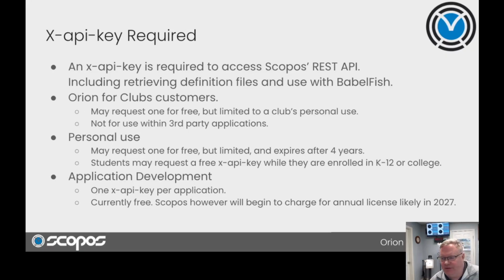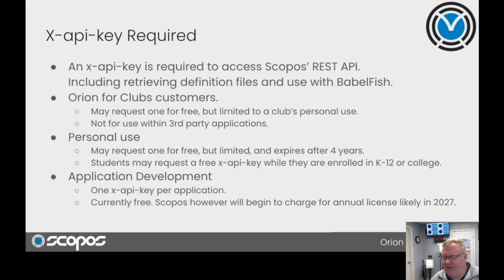Accessing the definition files, whether you're doing it through the REST API or through Babelfish, does require an XAPI key. If you are an Orion for Clubs customer, you may have one for free. The XAPI keys for existing Orion for Clubs customers are limited, but they're intended for your club's personal use, such as if you want to come up with a website of your own using Scopos data to display results.